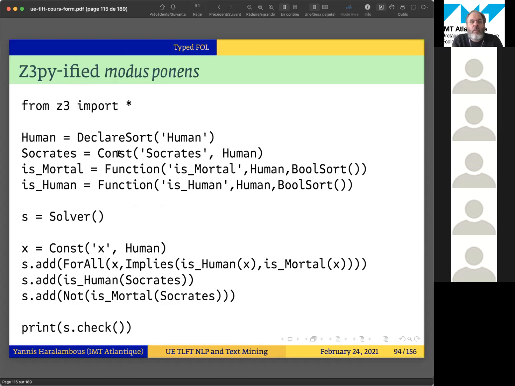This is something you could potentially use in your chatbot if you want to include reasoning. So if we want a reasoning chatbot, then we have to extract knowledge from our domain and extract information from interaction with humans, formalize this information, and then do inferences.